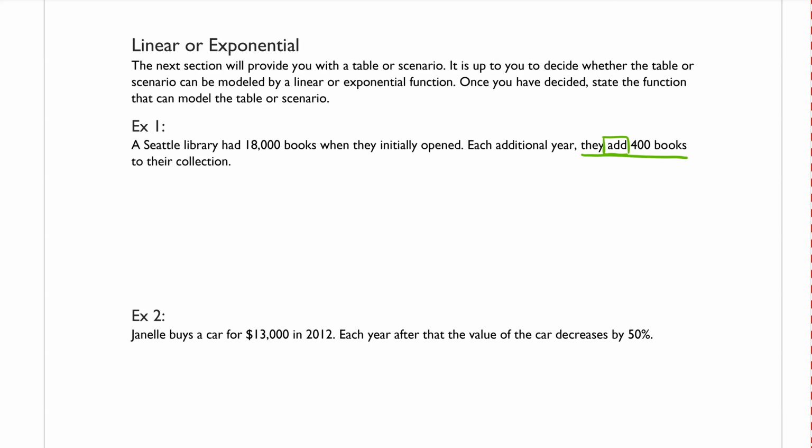So if we wanted to create an equation out of this, we would say y equals, we know the slope is 400 because that's how much they're adding each year, times x, plus the starting amount of books that they had, which was 18,000. Let me define our variables. y would be the number of books, and x is the number of years after opening.